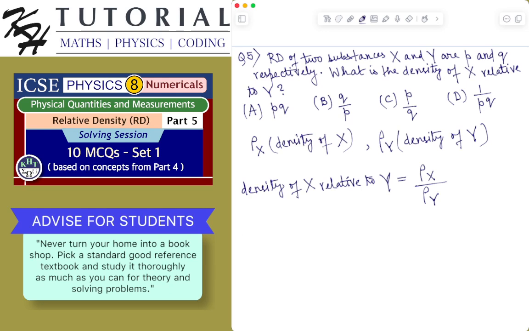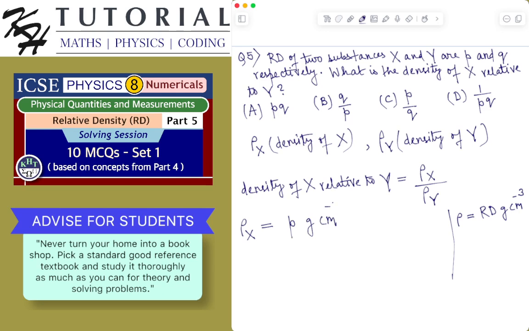Since no unit is given, I can always use the relation between density and relative density: the density of a substance, rho, is equal to its relative density, that much gram per centimeter cube.